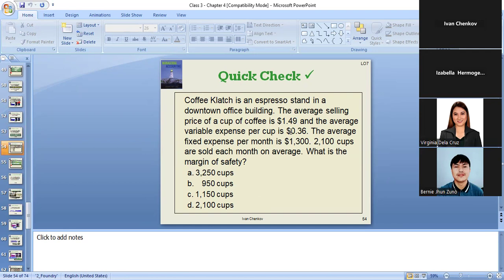our company selling espresso, 2,100 cups are sold each month on average. What's the margin of safety? Let's go back to our Excel spreadsheet and check where we were in our case.